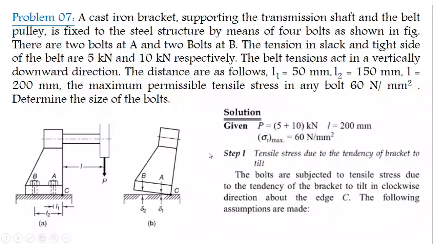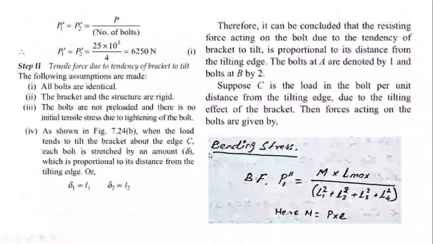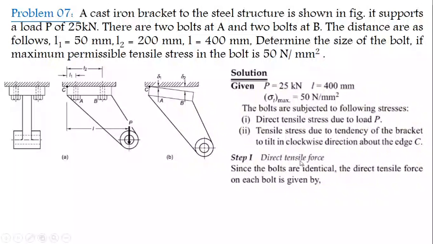Okay. As in the previous problem, in step 1 we calculate the direct tensile stress. In this structure, the load is acting in the downward direction, and the bolts are on the top side. Because of this load, this bolt would get a direct tensile force.